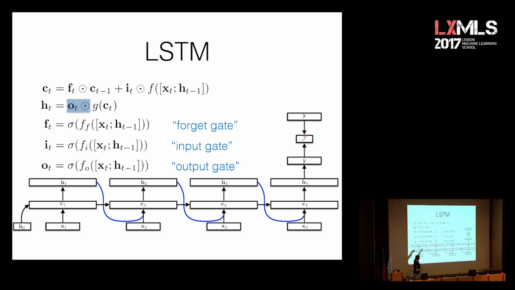So up here, we don't pass the update of the memory cell through any kind of squashing nonlinearity. We just have some direct linear function of the inputs and the previous hidden state. And then for these, we want them to have a value between 0 and 1 because they're gates, right?